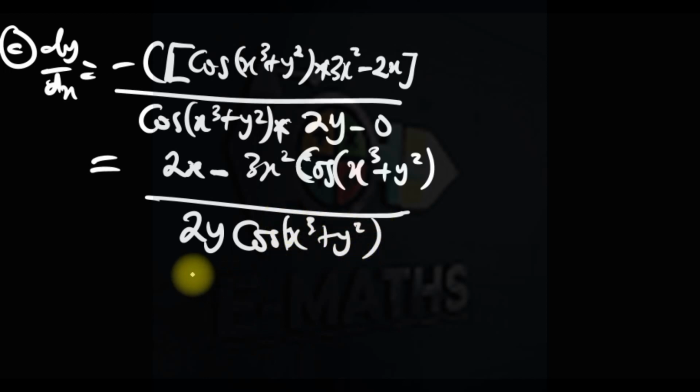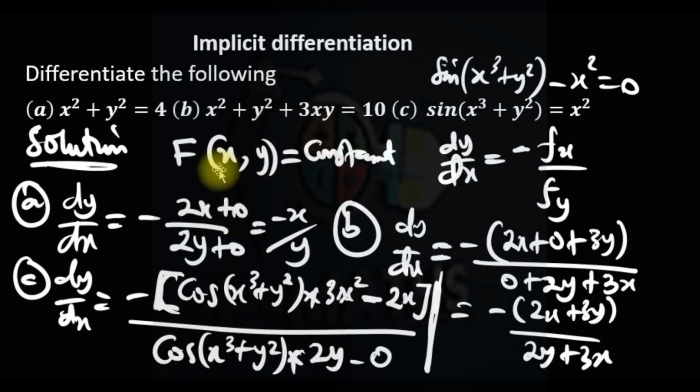So that's our answer. So this method makes it very simple, instead of doing that long process using partial derivative. So that's the key. This is the key.